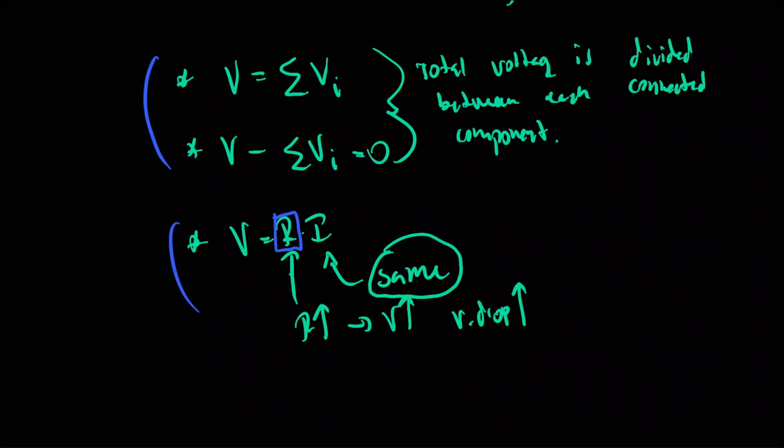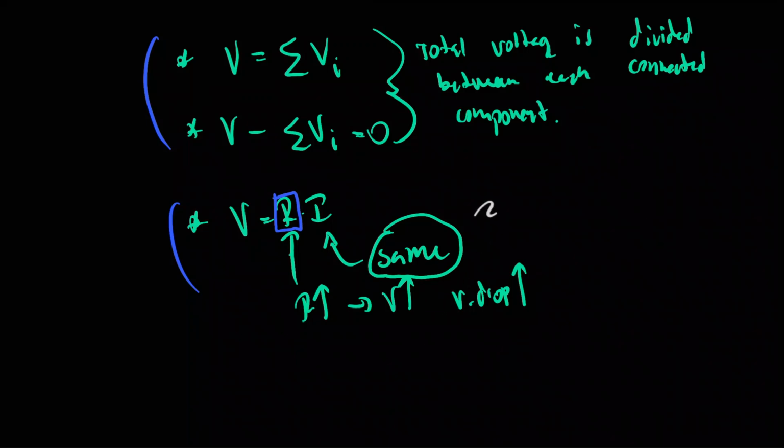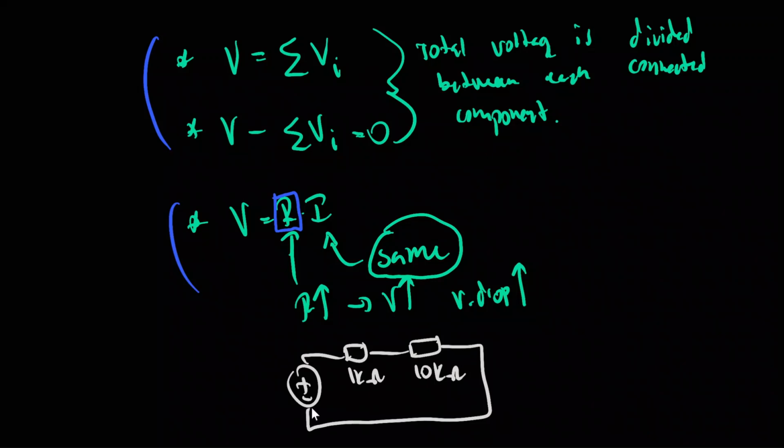So I'll just do this quickly. Let's see here. We have this circuit. So we have 1 kilo ohm, which is 1000 ohms. And then we have 10 kilo ohm, which is 10,000 ohms. So here we have, I don't know, let's say 100 volts.